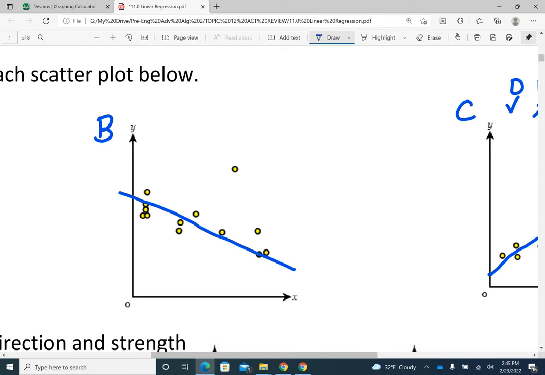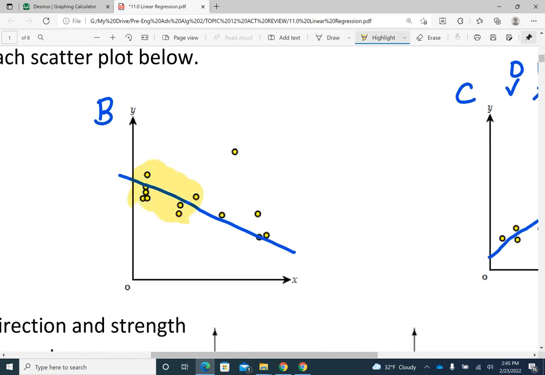If I draw a line there, then I could say that for this group of points, I see a linear association because they seem to be going in that linear pattern. But then this extra point seems to be an unusual point. It's not doing what all the other points are doing. So I would say it's kind of weak, so I would say moderately weak.